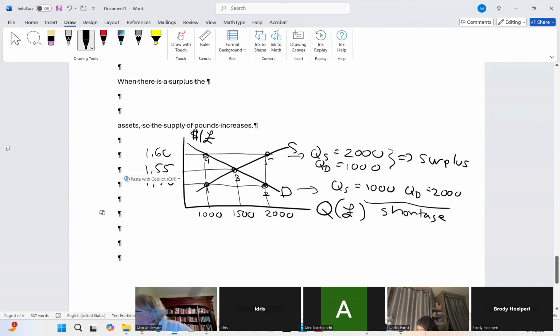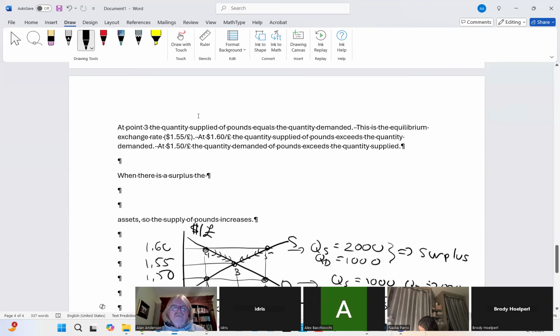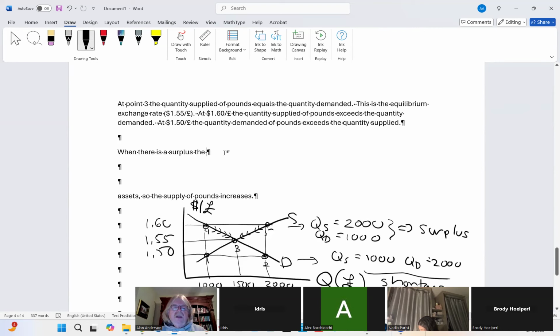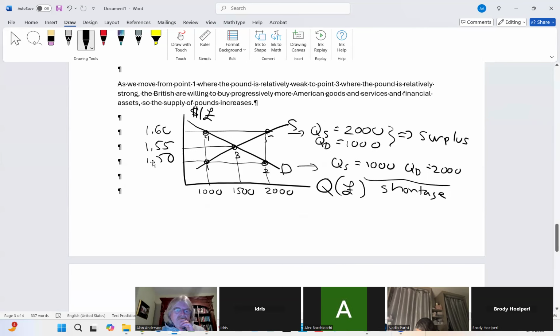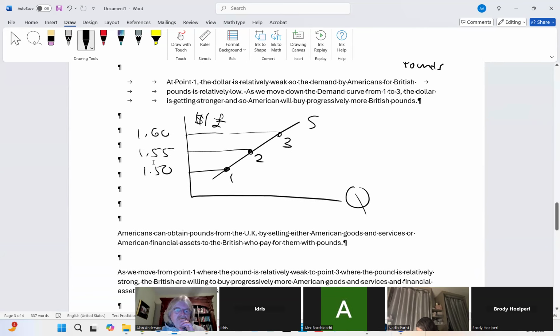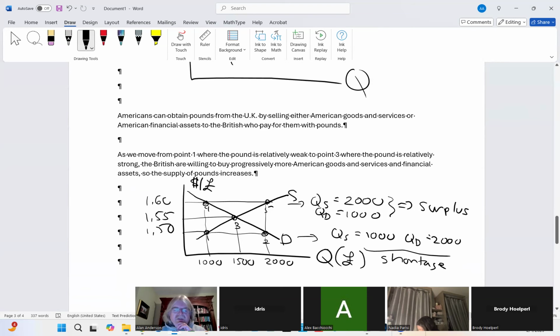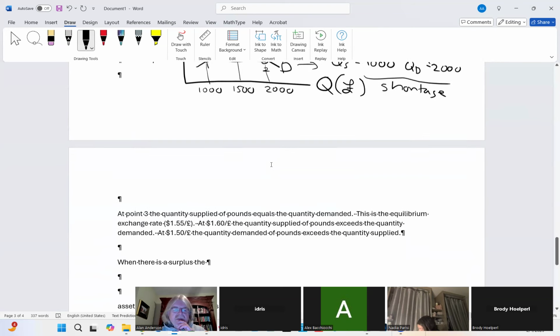So when there's a surplus, you'll have a movement down towards the equilibrium because, oh, I don't know what happened here. Just want to make sure I didn't goof something up here.